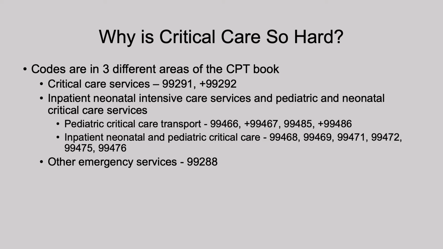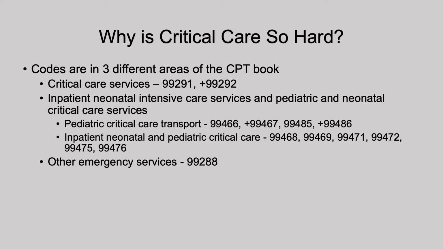So let's say, why is critical care so hard? Well, one of the problems is the codes are in 3 different areas of the CPT book. Critical care services, 99291, 99292, that's one section. There's another section not close to the critical care services section at all for inpatient neonatal intensive care services and pediatric and neonatal critical care services.